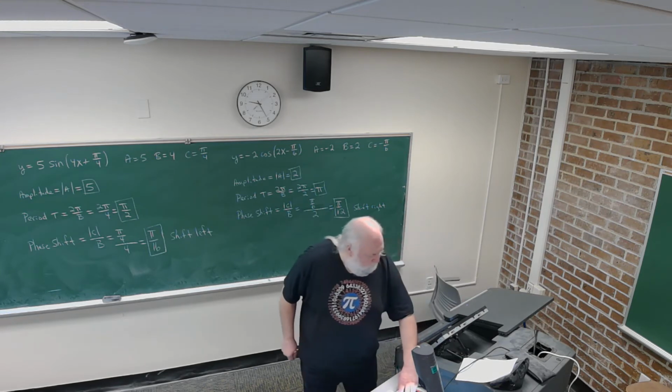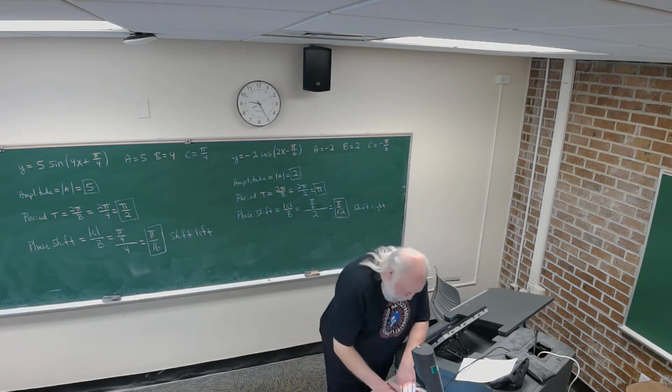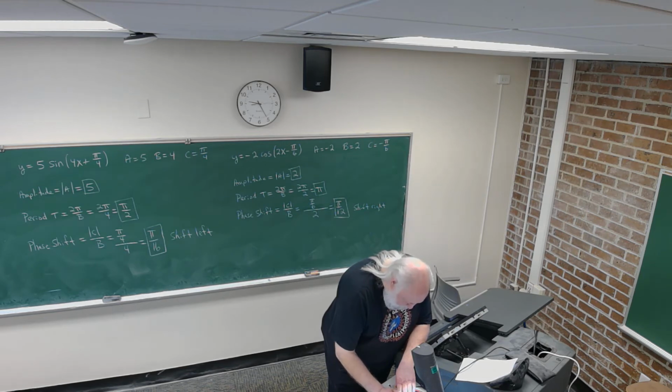And pi over 4 divided by 2 is pi over 8. 2's cancel in the middle. And 9 pi over 4 divided by 2 is 9 pi over 8.